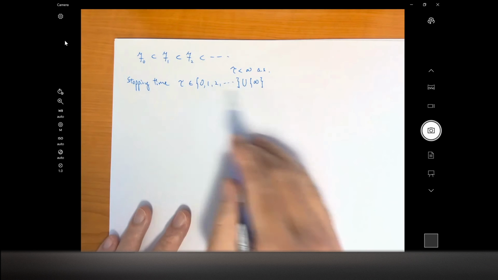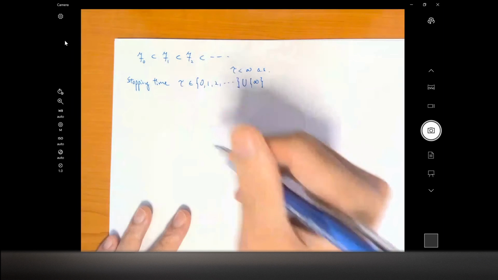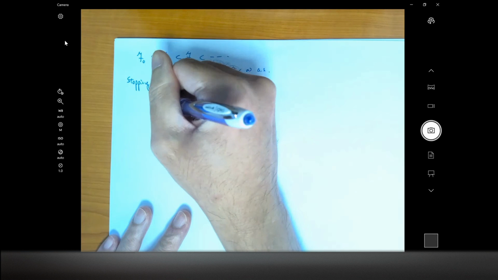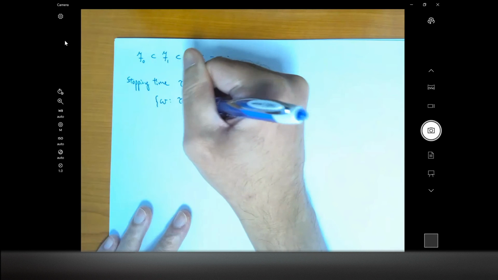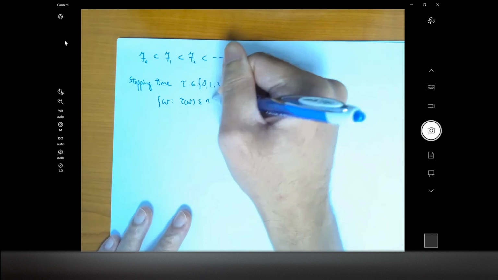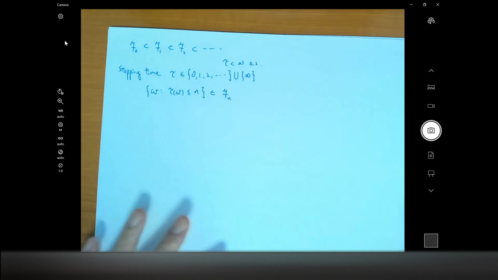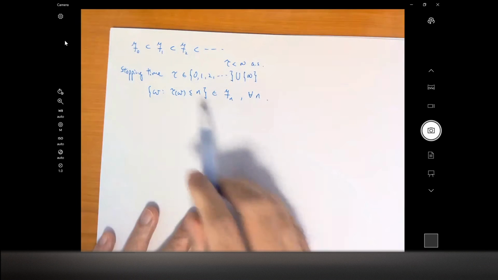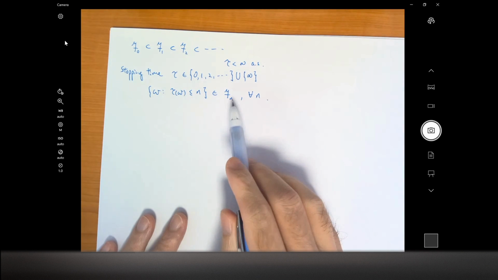It's really just an integer random variable that has to satisfy this criteria: the set {tau ≤ n}, let me write it out in full, {ω : tau(ω) ≤ n}, has to belong to your sigma algebra Fn. This is true for every integer value n.